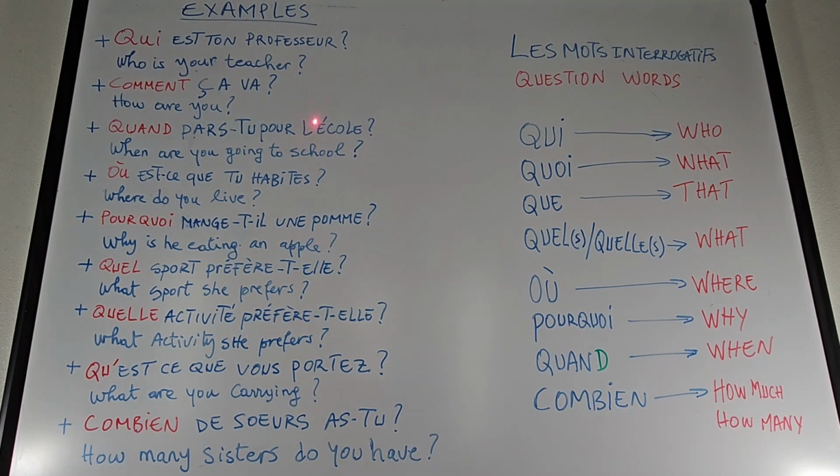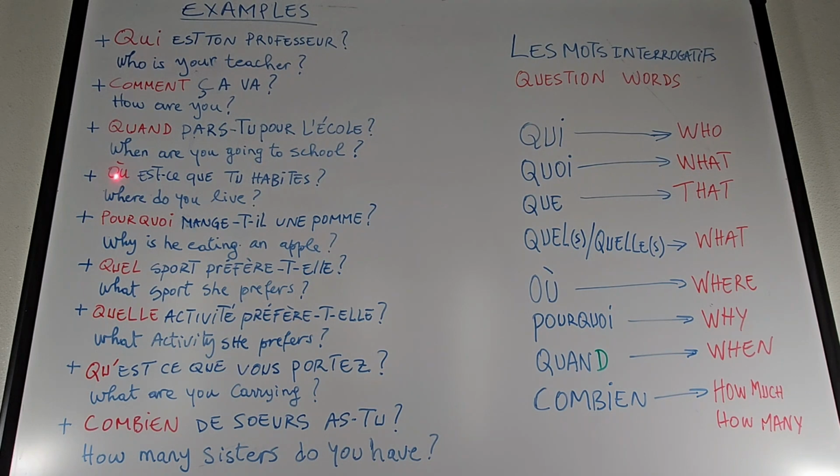Remember when we explained in previous videos, école means school, but because it starts with a vowel, the article gets an L apostrophe. Also the S at the end of pars is mute. Quand pars-tu pour l'école? When are you going to school?